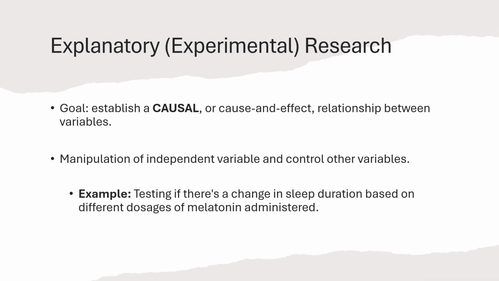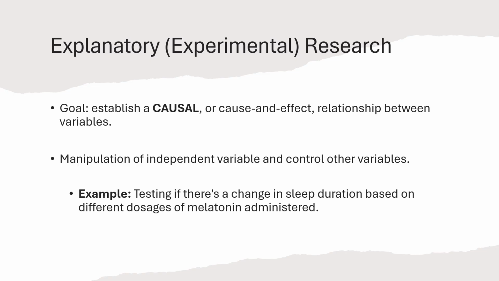Finally, we have explanatory research, which in quantitative design is often experimental research. This is the most complex as its primary goal is to establish a causal or cause and effect relationship between variables.